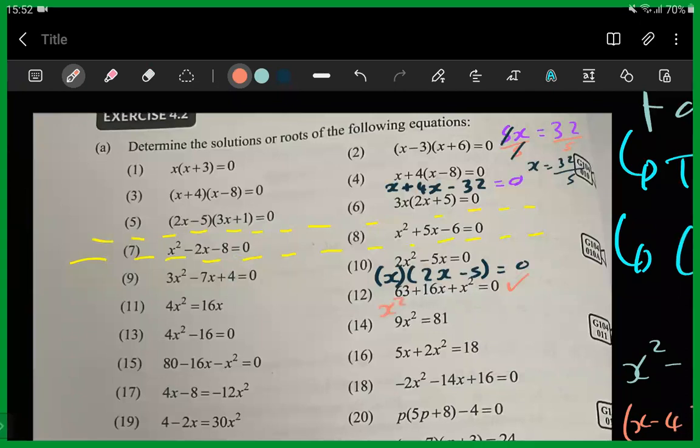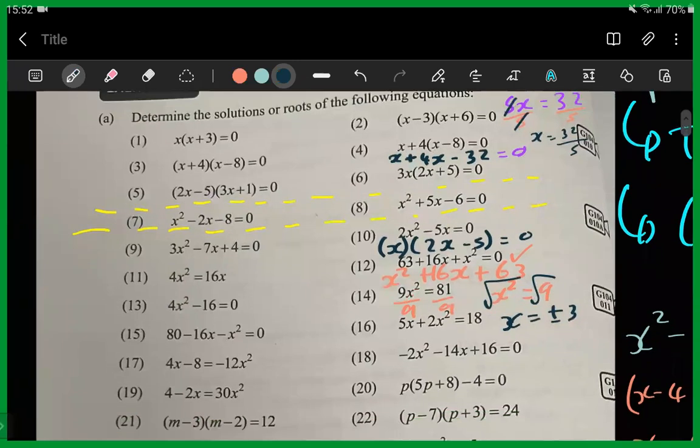If it's in standard form, it's easier to make less mistakes, you see. So with something like 14 also, you can just divide by 9 on both sides. And then after dividing by 9, we have to make sure that our answer has plus or minus, because it can either be a positive 3 or a negative 3.